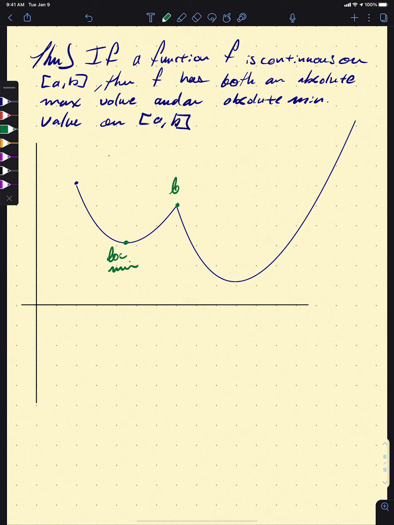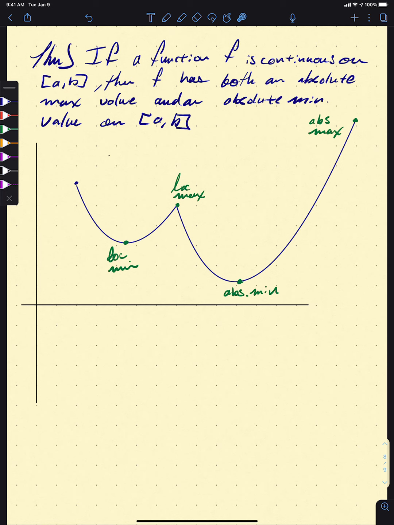We have a local maximum. We have an absolute minimum here, also one of our local minimums. And then we have an absolute maximum here. Notice our absolute minimum happens at one of our local extrema, and our absolute maximum happens on our boundary. Those are the two possible cases.